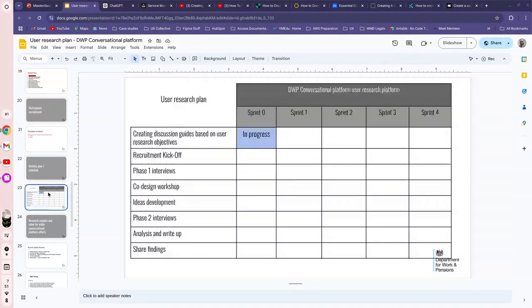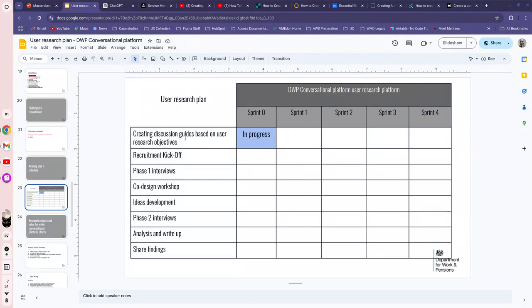You can see here, this is a user research plan, for example. This was done according to sprints, from sprint 0 to sprint 4. Each sprint could be maybe 1 week or 2 weeks or 3 weeks, or whatever the sprint is. You can see the things they talk about here.